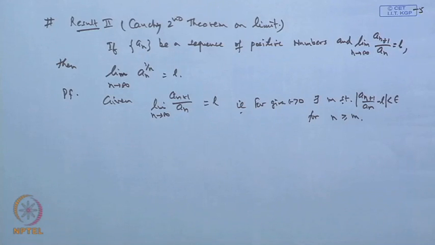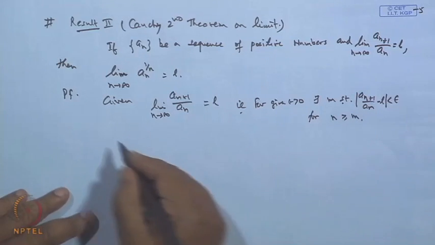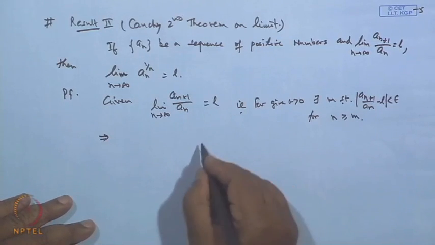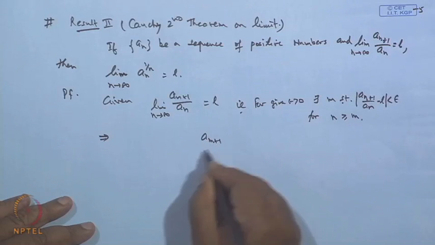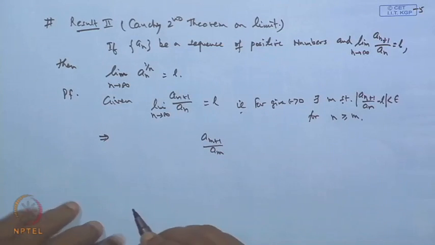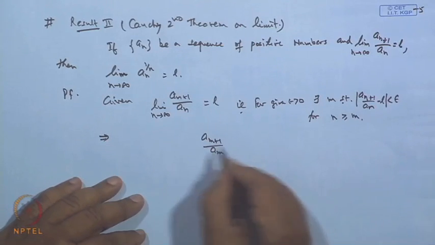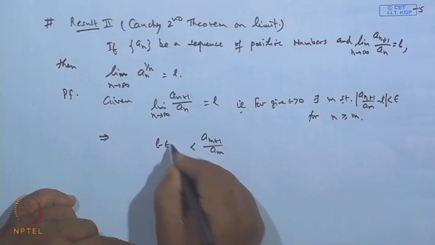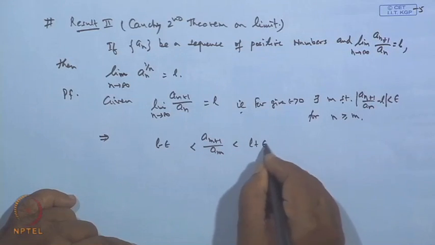So, this implies that a m plus 1 over a m lies between L minus epsilon and L plus epsilon.